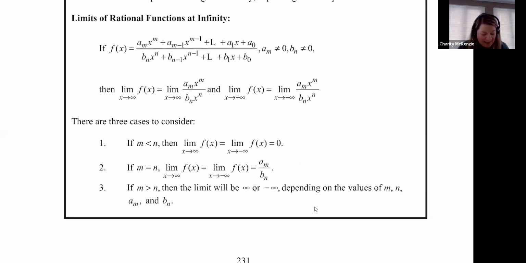If I have some kind of polynomial, look at only the highest degree at the top and bottom. And if m is less than n, it's going to 0. So does the bottom have a higher exponent on the highest degree? If so, you're going to 0.